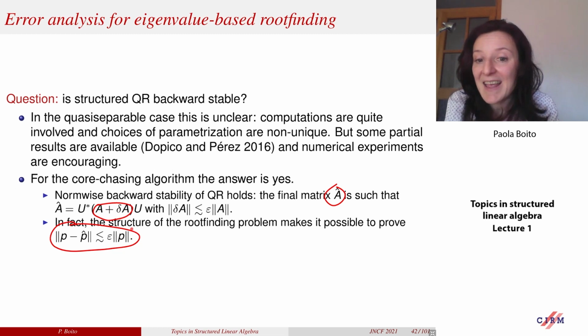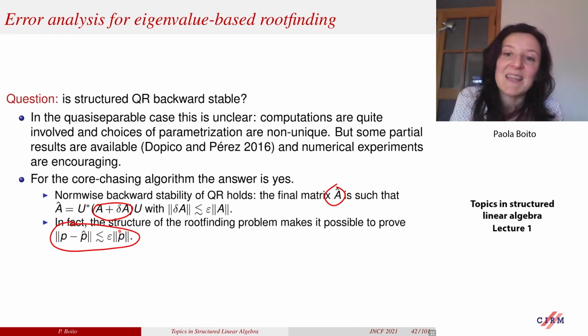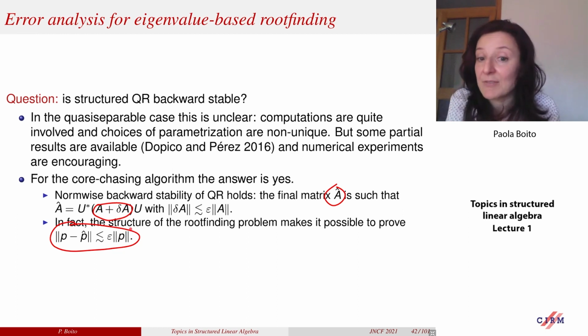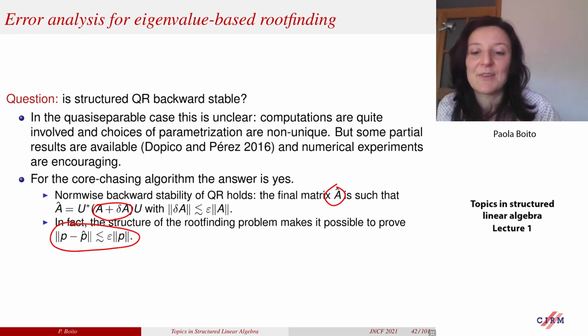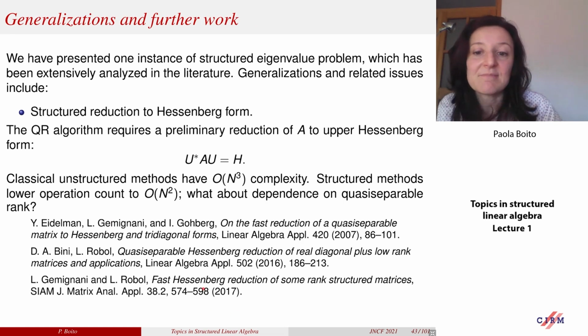And it even has a better bound than unstructured QR, because there is no square here. So this is a very interesting result in this respect.